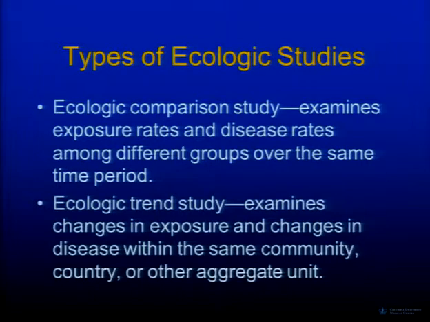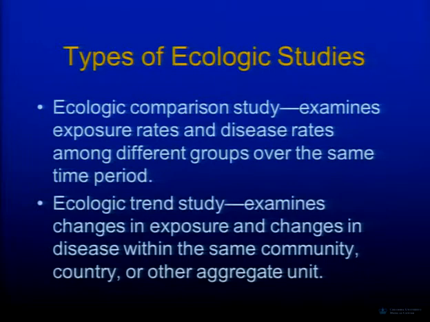So for example, we could be looking at whether as the consumption of meat increases, based on cattle data, how many cattle are sold and how much meat is imported, and how it relates to cancer rates. And so that could be examining exposure rates and disease rates among different groups over the same time period, because we could get that for different countries and see if the rate of cancer changes as the meat consumption changes.